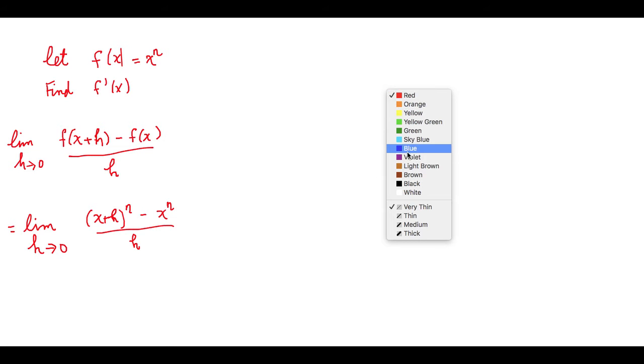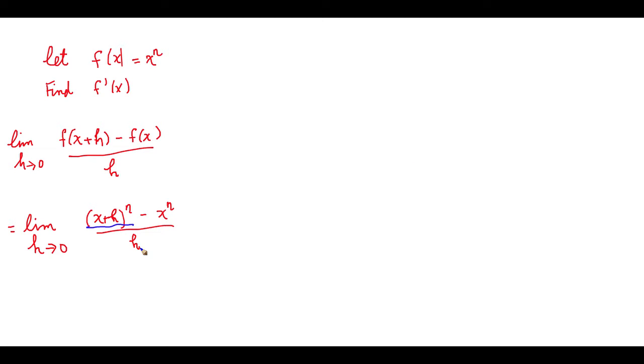The binomial theorem tells us that this part right here can be expanded as follows. It can be expanded into n choose 0, x to the nth power, h to the 0th power, plus n choose 1, x to the n minus 1 power, h to the first power, plus n choose 2, x to the n minus 2, h to the second power, and so on.